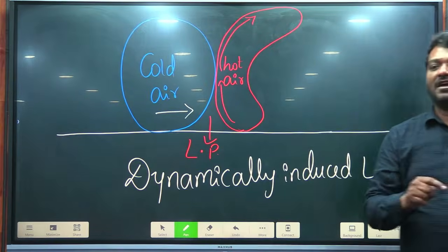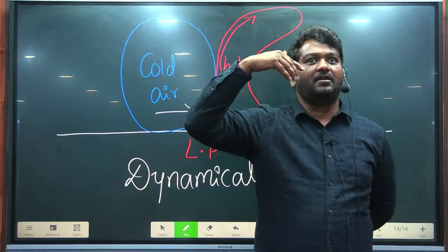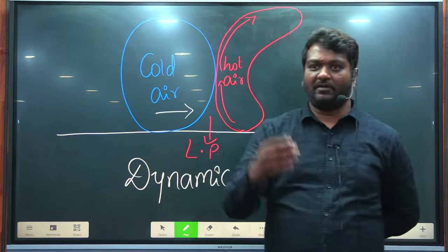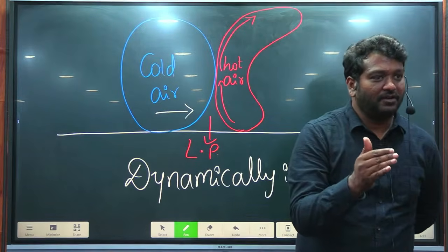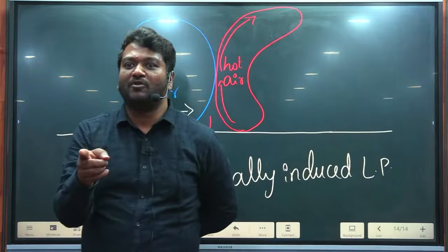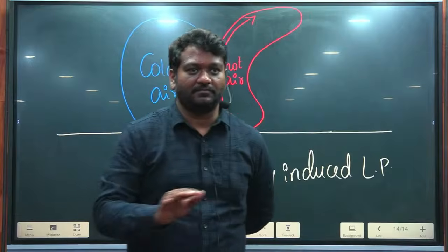Okay, see this. Russia. Is Russia near the equator or far from the equator? Far from the equator. Sri Lanka is near the equator. Tamil Nadu is near the equator. Tamil Nadu got a cyclone. What is a cyclone? A cyclone is a low pressure area.